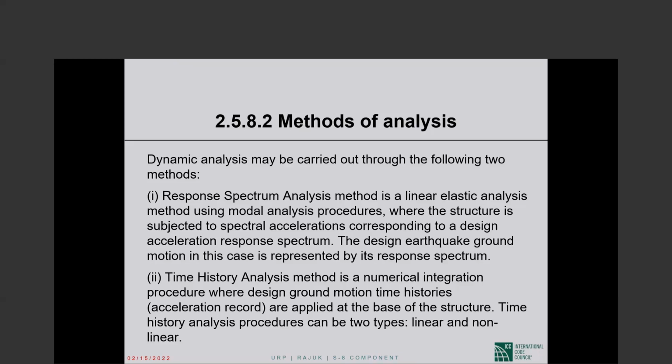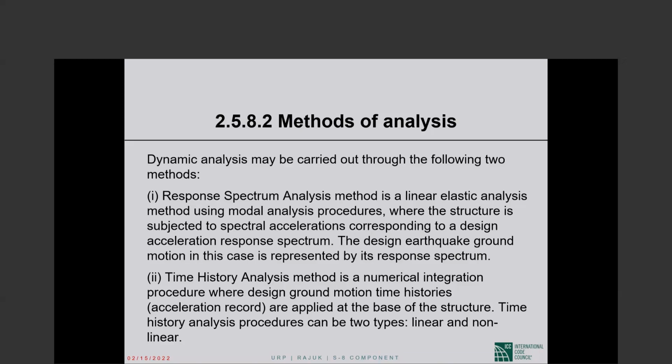That sets the rest of the structure in vibration. So when the structure is vibrating, the deformations that it undergoes can be thought of as a juxtaposition, a combination, of deformations of a number of so-called modes of vibration. Let me put it another way.